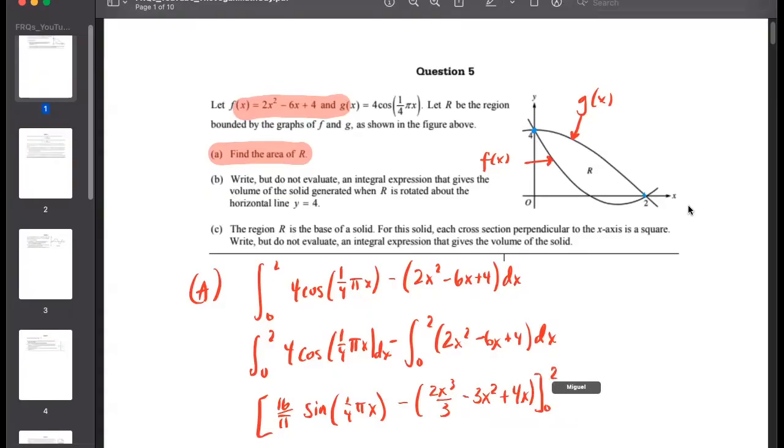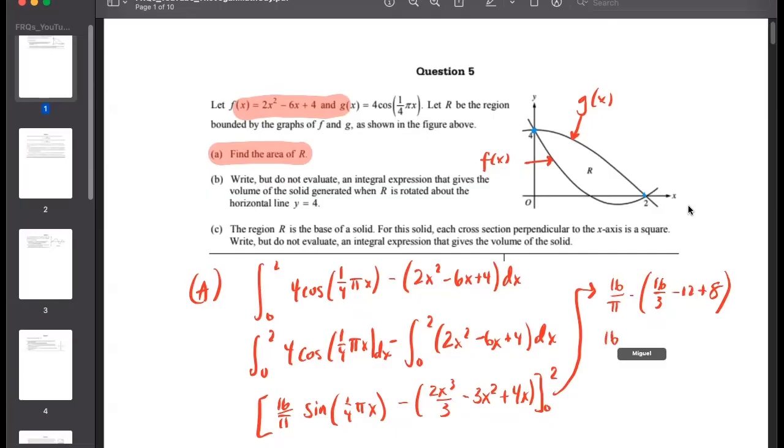Okay. I'm going to apply the fundamental theorem of calculus, plug in the 2, and then plug in the 0. And this is going to simplify to 16 over pi minus 16 thirds minus 12 plus 8.